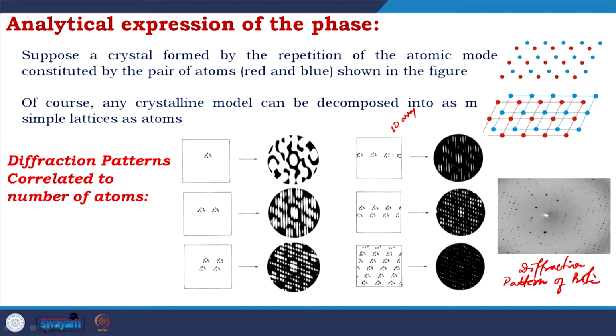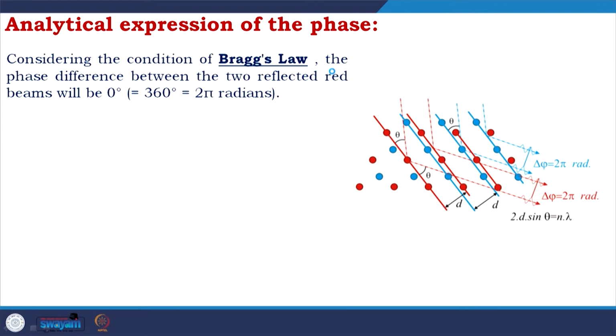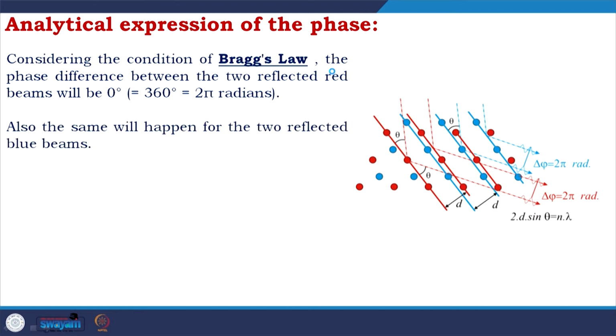So, now we will continue with the crystal which is composed by the repetition of the atomic model constituted by the red and blue atoms. Now, if we consider Bragg's law, the phase difference between the 2 reflected red beams will be 0 because they are the same atom, or 360 degrees, which is equal to 2 pi radians.